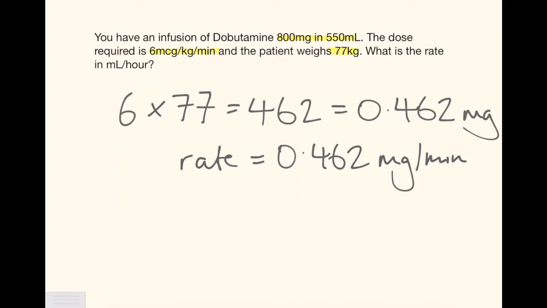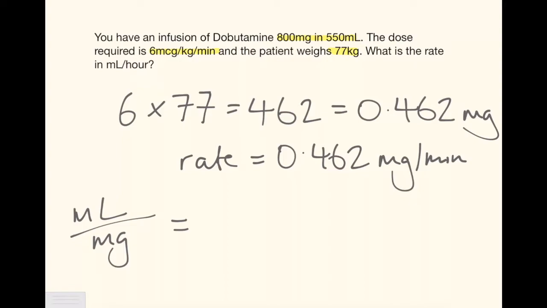Now the next question you should be asking yourself is, how many milliliters per milligram? I have my rate in milligrams, I need to know how many milliliters that is per minute. Okay, so how many milliliters per milligram? If you write it like this, I've written the milliliters on top and the milligrams on the bottom.